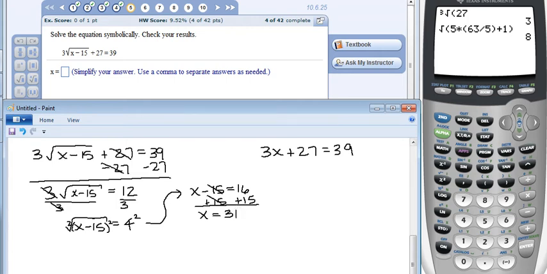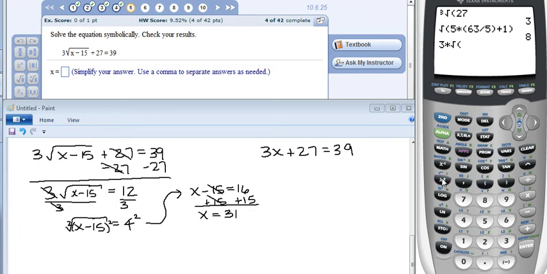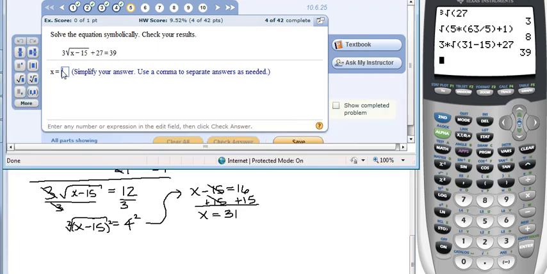Should we try checking it? I think we should. 3 times the square root of 31 minus 15, close your radical, plus 27. Now this should be 39, and it is. It works. So we have x equals 31.